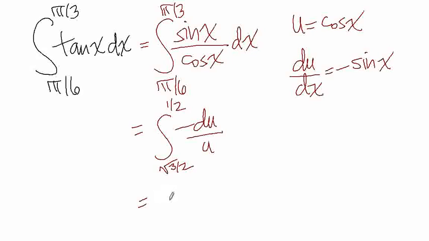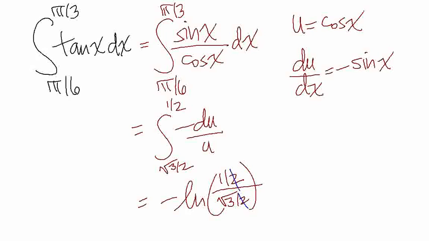And so that gives minus the natural log of the ratio of those limits of integration. So 1/2 over root 3 over 2. And now we can simplify that fraction. The 2's cancel.